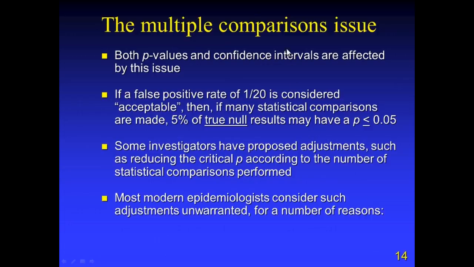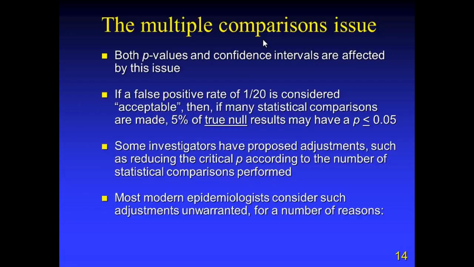Okay, I want to talk just very briefly about the multiple comparisons issue. We talked about the alpha value of commonly 0.05, representing a so-called acceptable false positive rate of 1 in 20 test results.